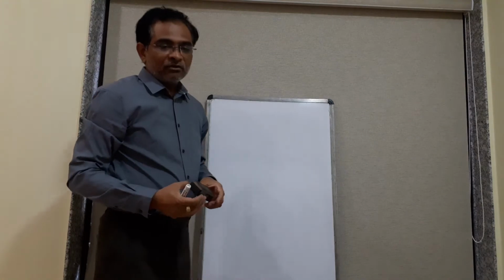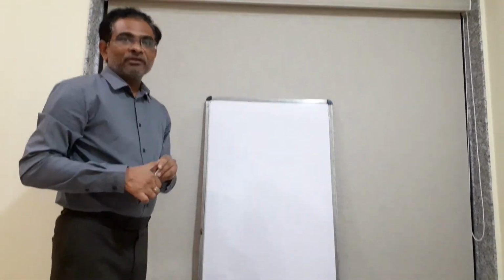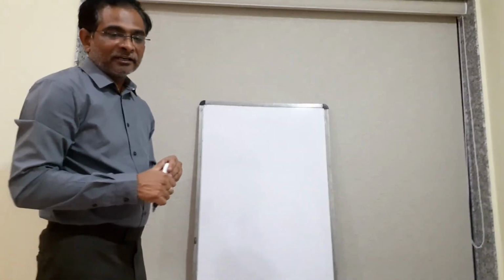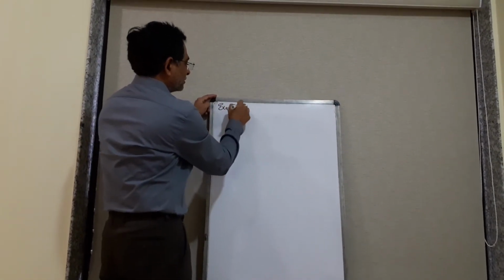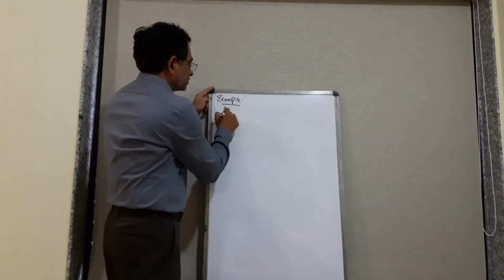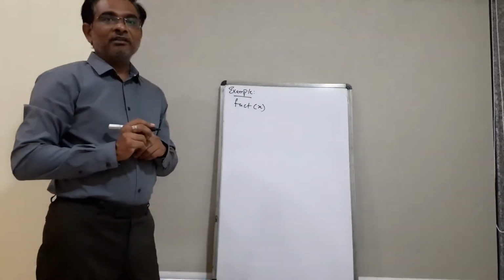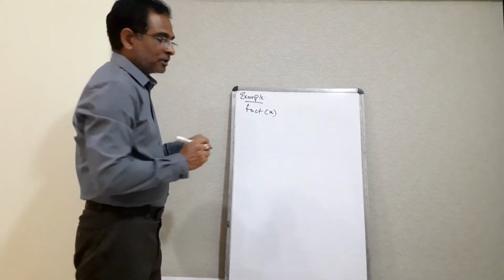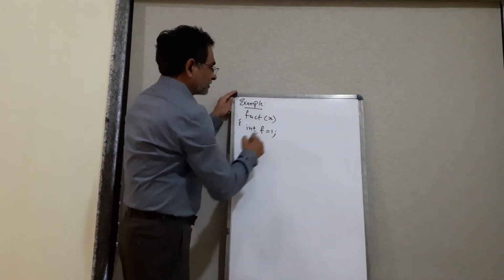What we'll do is see one example of a factorial and then try to find out the basic blocks and the leaders within it. So the example is of a factorial. With the function factorial of x, we are supposed to write the function. So integer f is equal to 1, right?